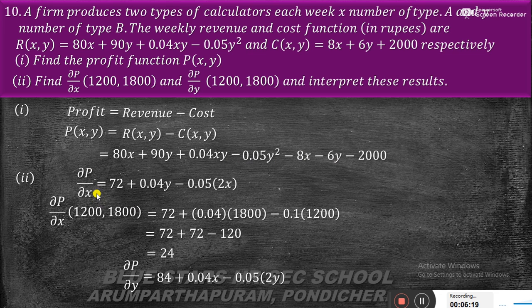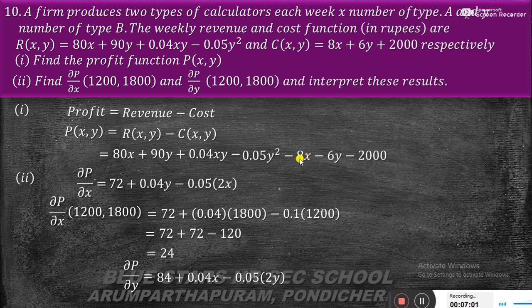Differentiating with respect to x means we differentiate the x terms. So 72x gives 72. Next, 0.04xy, we differentiate only x, so it is 0.04 into y. In y square there is no x term, so its derivative is 0.